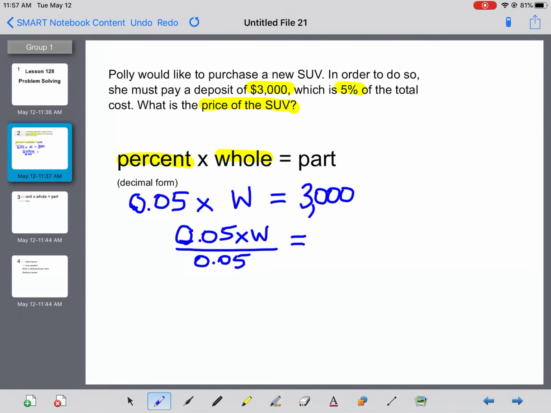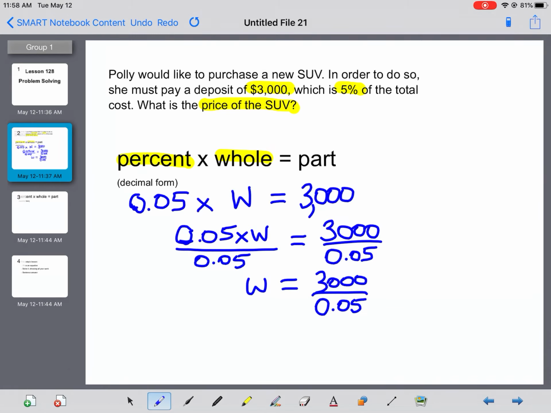And then in order for the equal sign to be true, what we do to one side, we have to do to the other side. So we end up with an equation that looks like that. All right, so we know that W then is equal to 3,000 divided by 0.05. Now, we have to use our long division to find that.